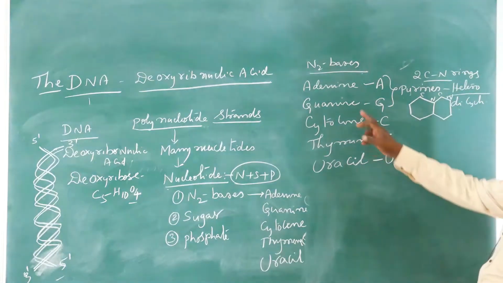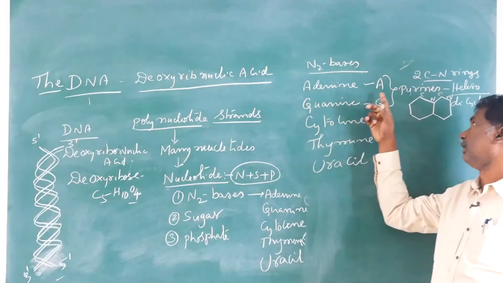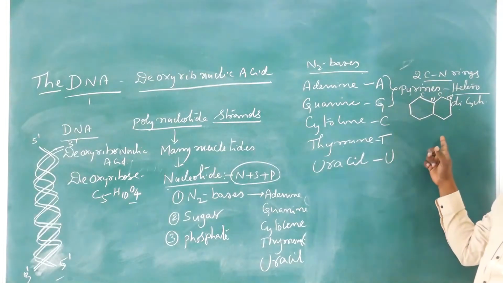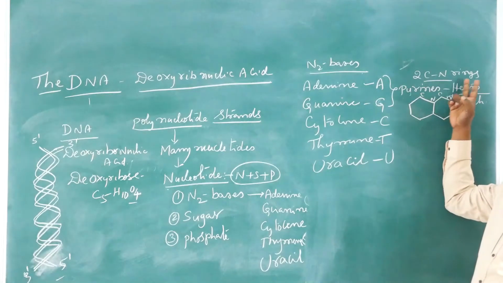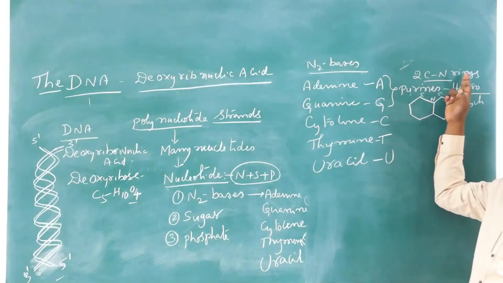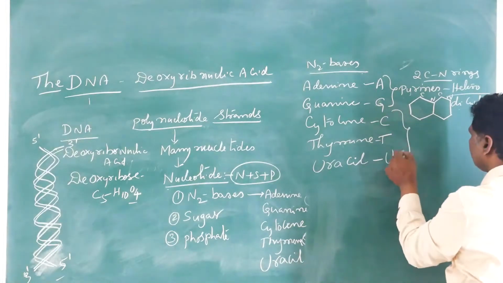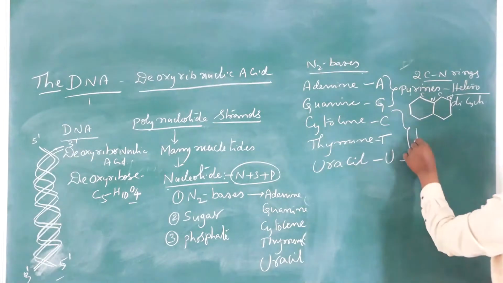So adenine and guanine, both are called purines, each having two CN rings. Next, the remaining three are called pyrimidines.